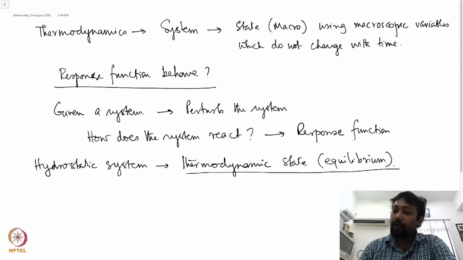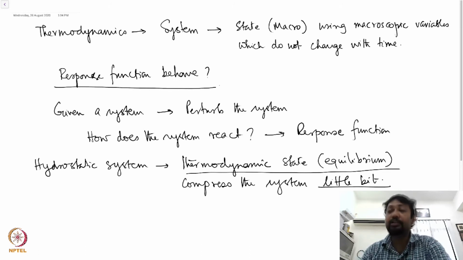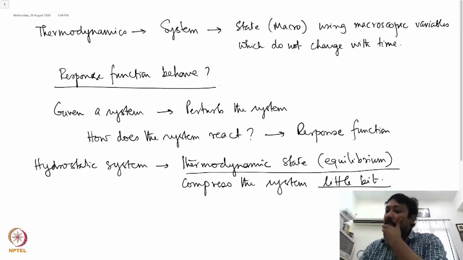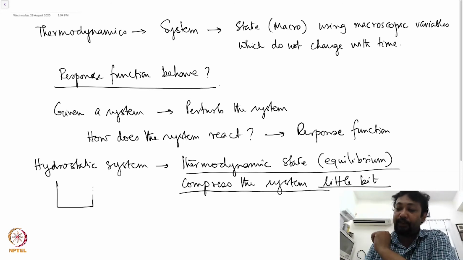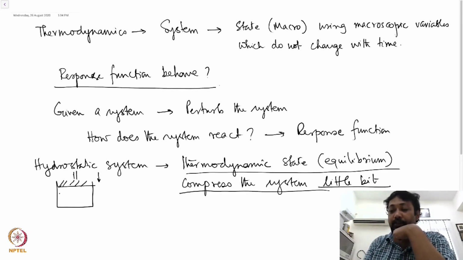Now you compress the system a little bit. The "little bit" is important because you're staying in the linear response. These things you learn slowly. Anyway, the idea is that we compress the system, which means that one part of the system is a piston, and I compress the piston so that the gas is compressed.